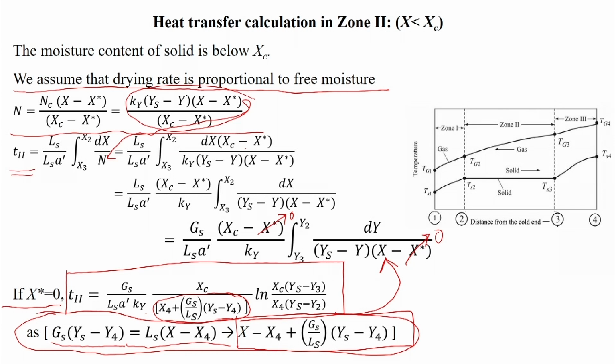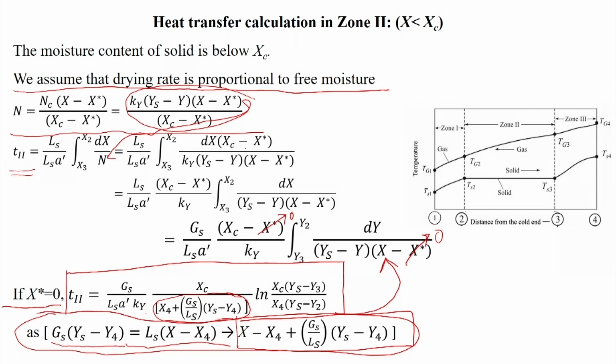So, from here we will be getting T2 will be Gs by Gs into xc by Ls into A prime into ky into x4 plus Gs by Ls into ys minus y4 and into ln of xc into ys minus y3 by x4 into ys minus y2.